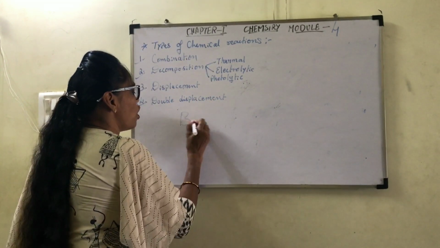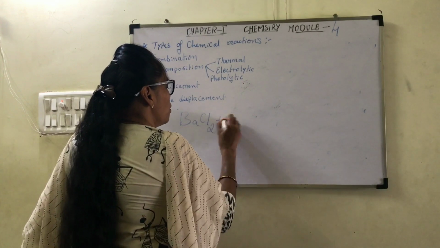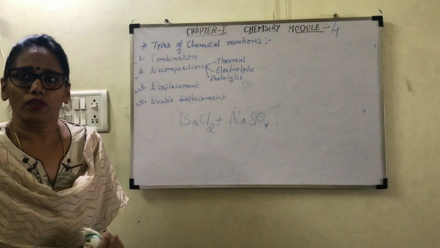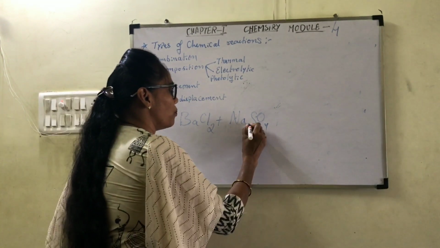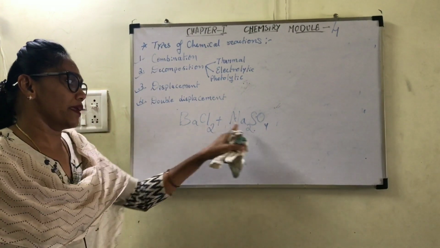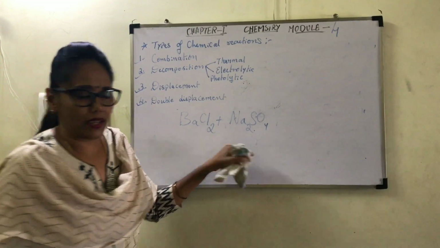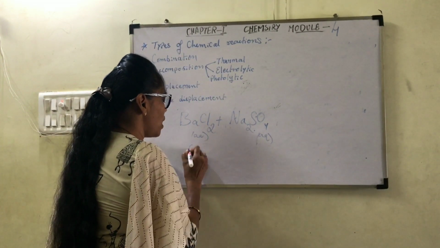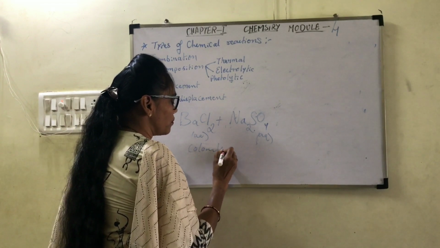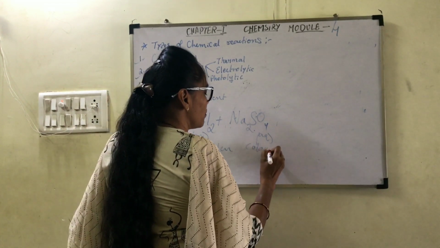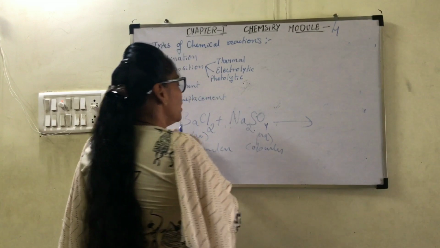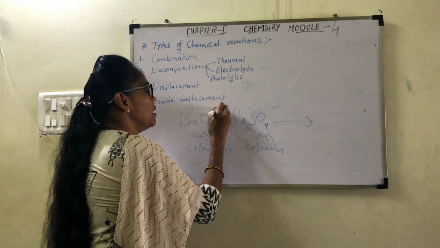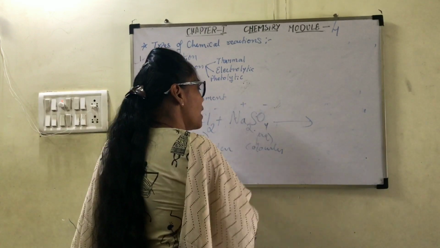Let's take an example of BaCl2 reacts with Na2SO4. Barium chloride reacts with sodium sulfate. Both are in aqueous form and both are colorless. When there is a reaction, the displacement of ions here, plus and minus, it might be a cation or an anion displacement.